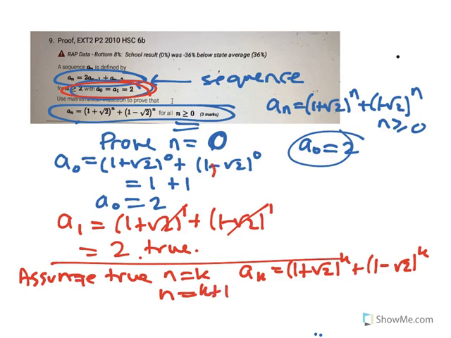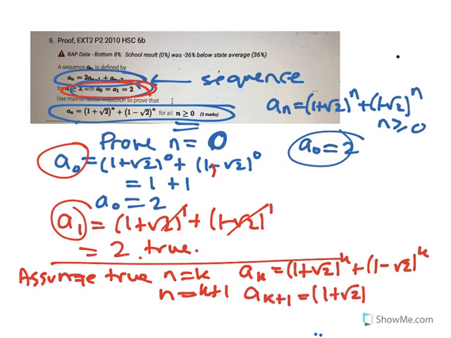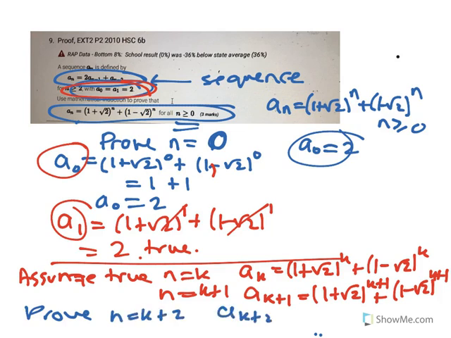Because it's a sequence, and we've got a_0 and a_1, if you do n equals k and n equals k plus 1, and then prove true for n equals k plus 2, then a_(k+1) will equal (1 plus root 2) to the k plus 1 plus (1 minus root 2) to the k plus 1. Okay, and then further we're going to prove for n equals k plus 2. So that's a_(k+2) equals (1 plus root 2) to the k plus 2 plus (1 minus root 2) to the k plus 2.